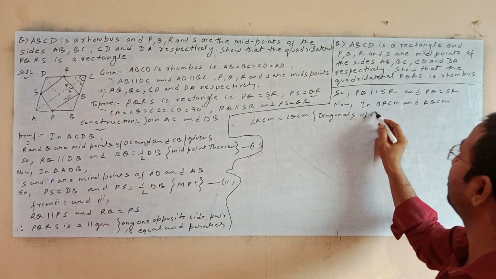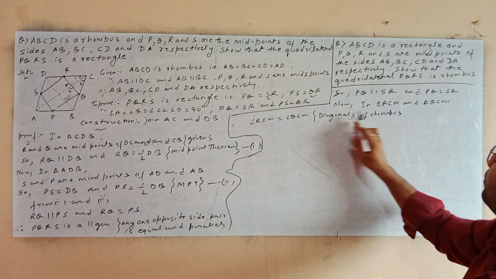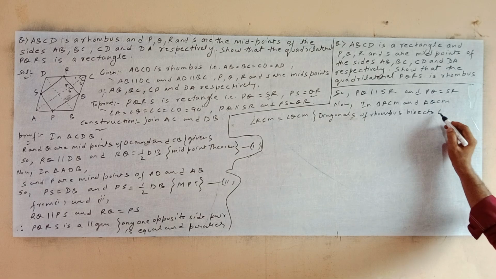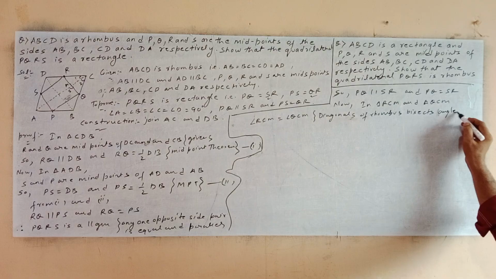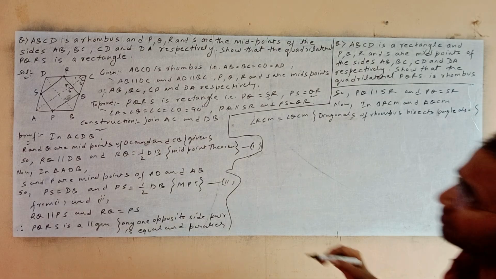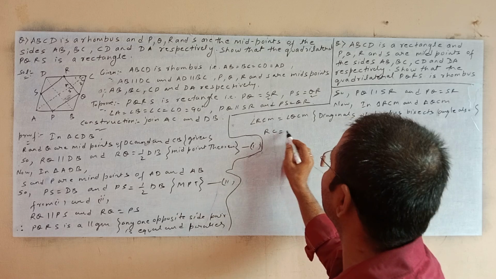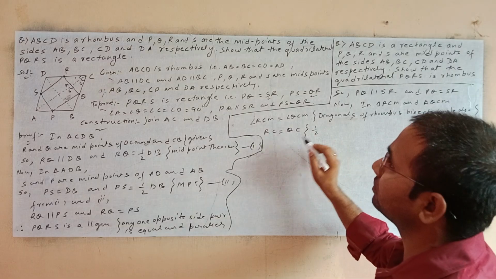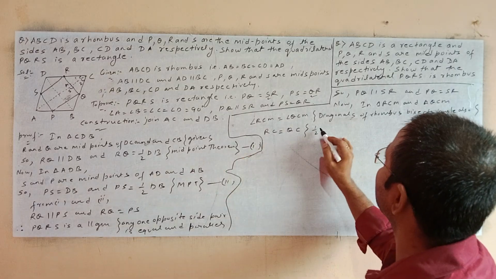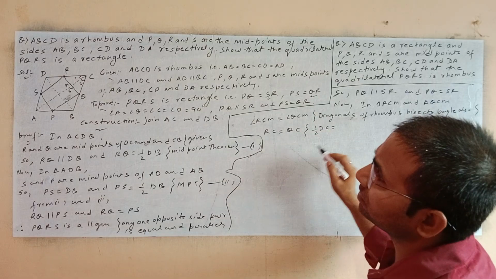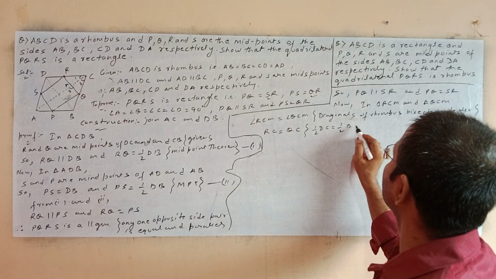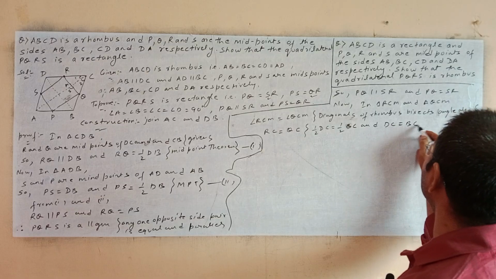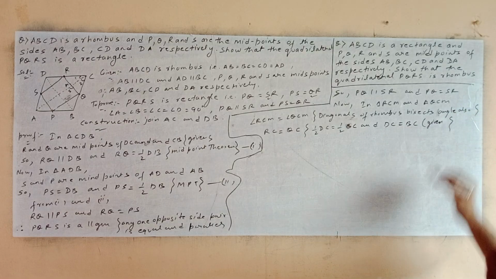diagonals of a rhombus also bisect the angles. Okay. So write this reason. Now write here RC is equal to QC because half of DC is equal to half of BC, and DC is equal to BC is given.